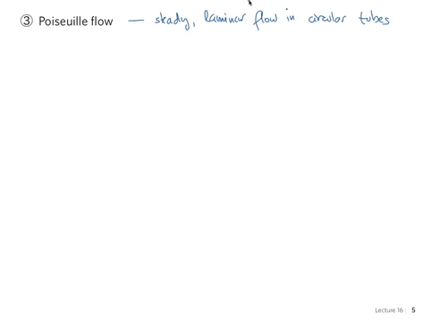In fact, Poiseuille's law is, I think, the only engineering fluid mechanics result that is well known in the medical community. To this day, it is the result that they use in all sorts of medical applications. So it's quite interesting in that sense.